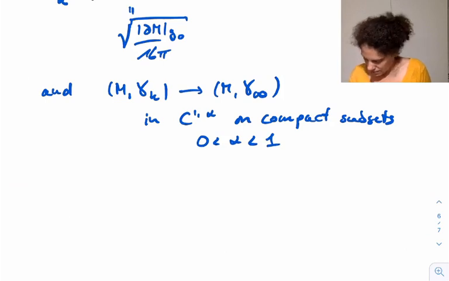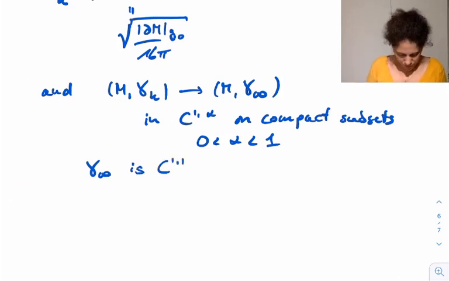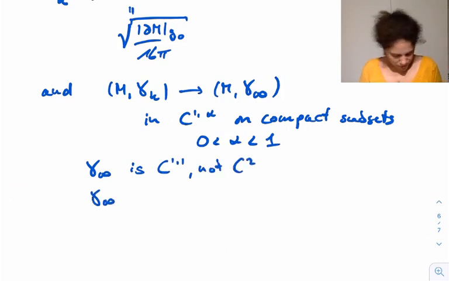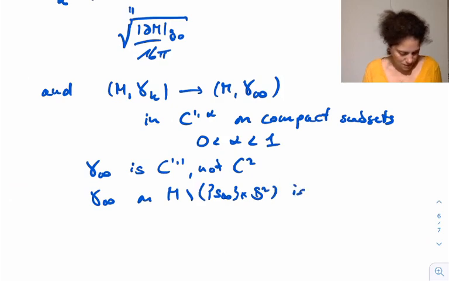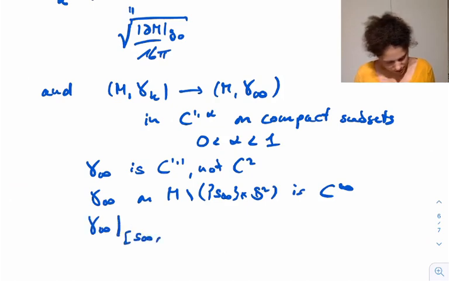And you know gamma infinity precisely. Gamma infinity is C1,1 globally, not C2. Gamma infinity on M without the {s infinity} cross S2 is C infinity. Gamma infinity restricted to [s infinity, infinity) is isometric to Schwarzschild with mass m infinity.